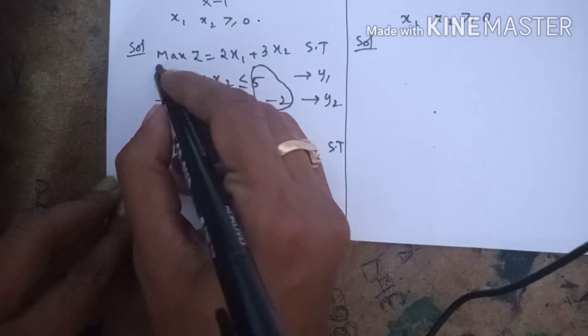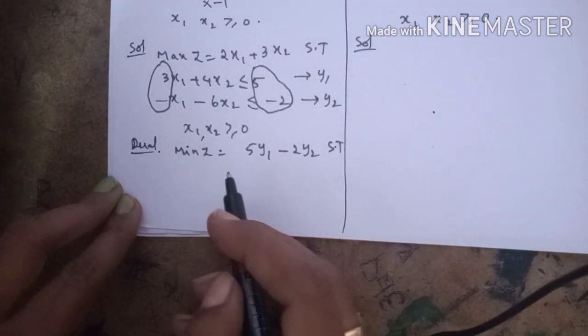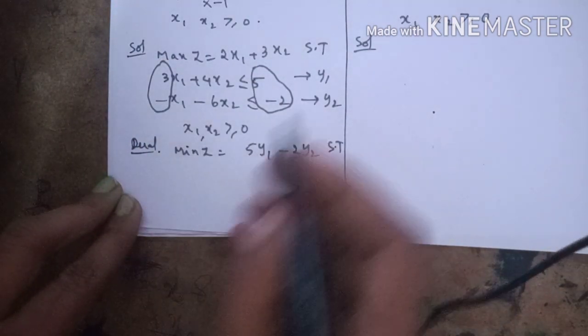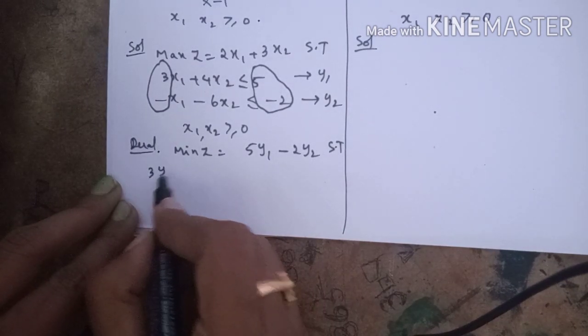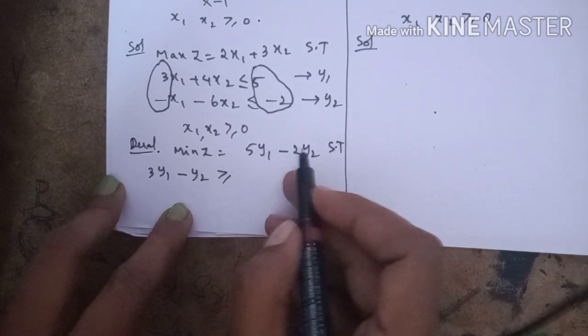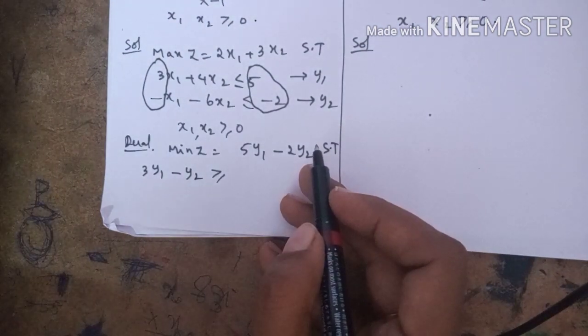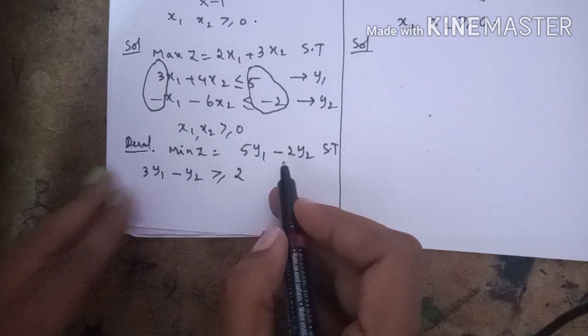The coefficients of the first column will become the coefficients of the first row. Now 3y1 minus y2, less than or equal to becomes greater than or equal to. Now the objective function coefficient becomes the right side of the constraint.